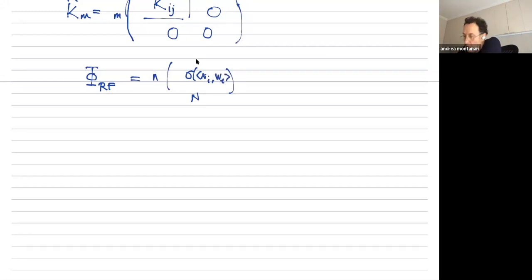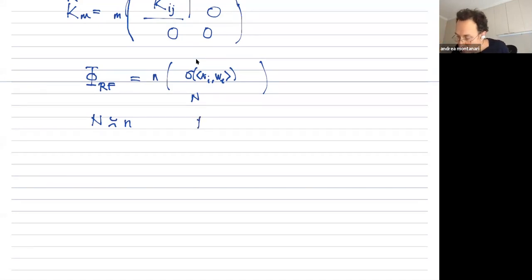In this case, it was shown for this ridge regression problem, and conjectured more generally, that this matrix phi RF, at least in the proportional regime in which capital N is proportional to lowercase n, is basically equivalent for many purposes to a Gaussian random matrix with the right covariance structure. And I expect the same to be true here for this model.